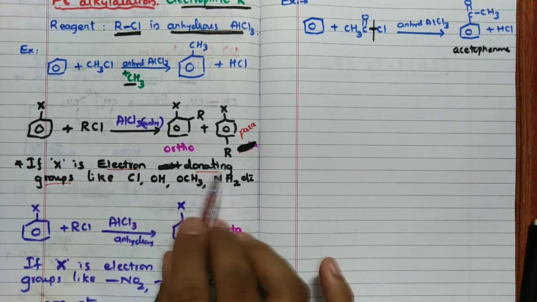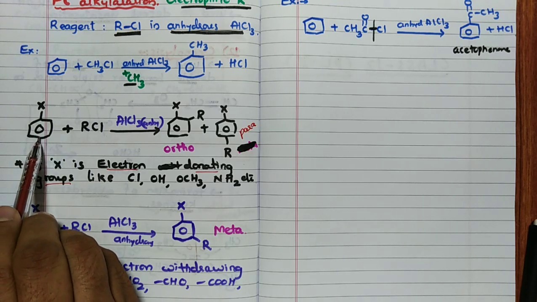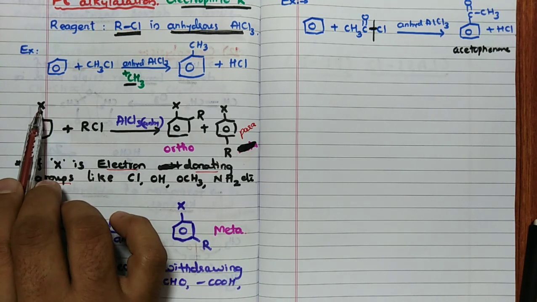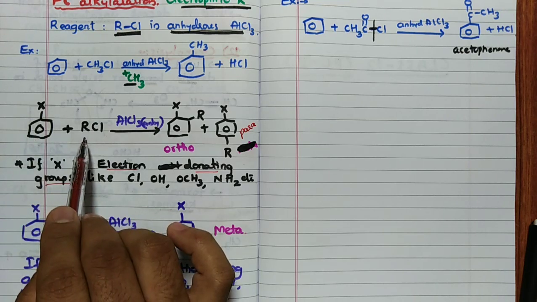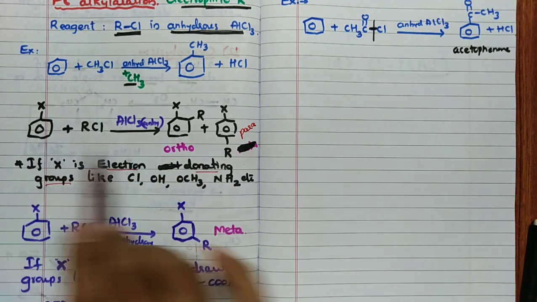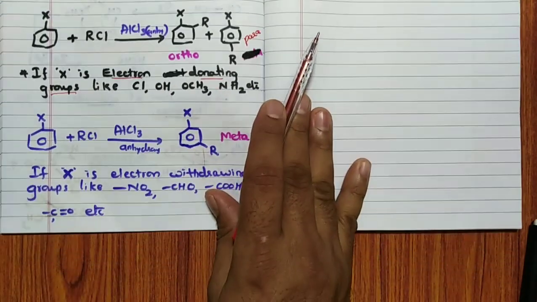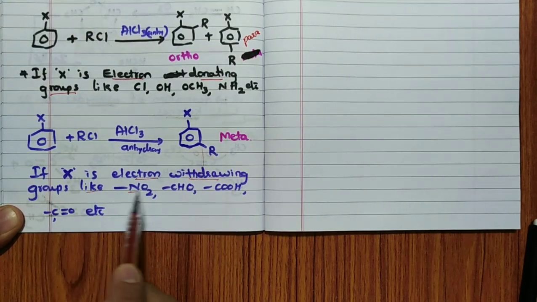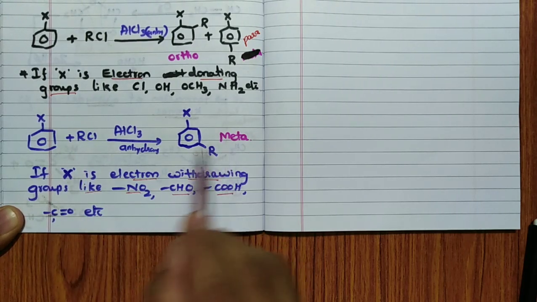But I have taken the example of electron donating groups. Whenever an electron donating group is there, it activates the benzene ring towards electrophilic substitution reaction. This is the electrophile, hence it is called electrophilic substitution reaction, and the product is ortho and para product. If X is, remember, an electron withdrawing group like NO2, CHO, then you are going to get meta product. Very simple.